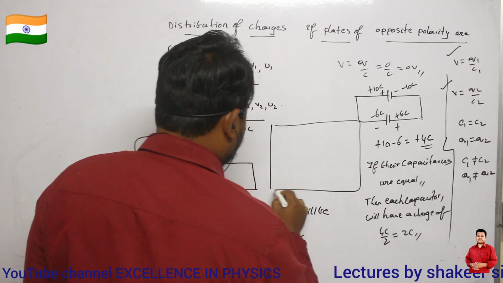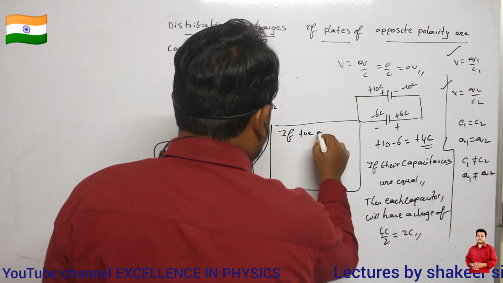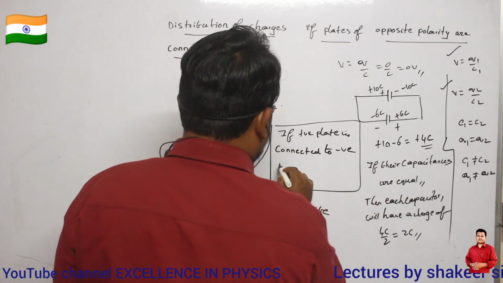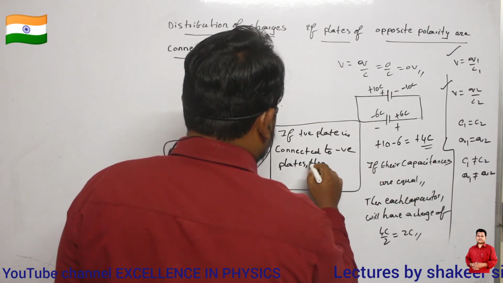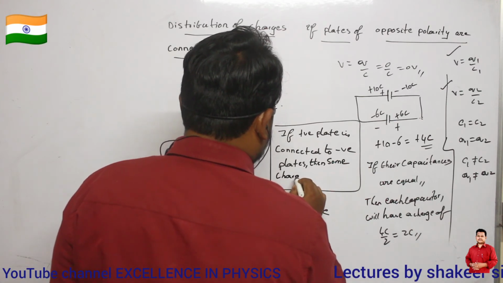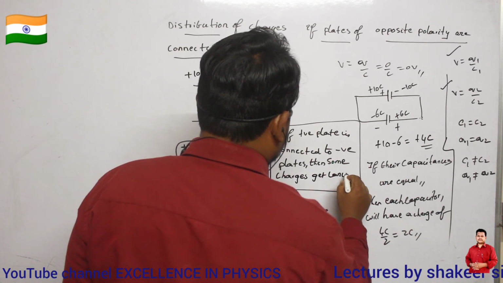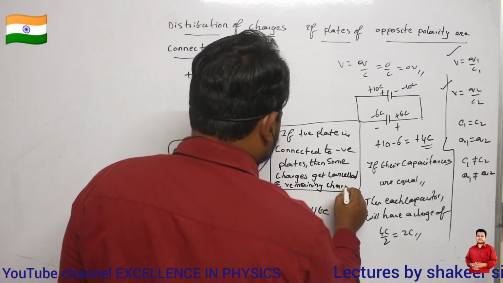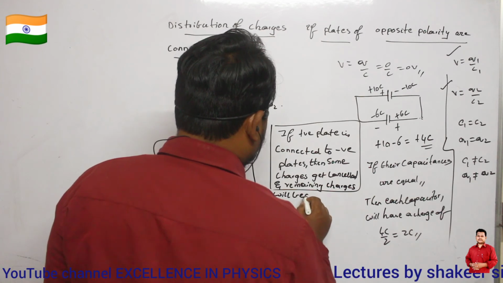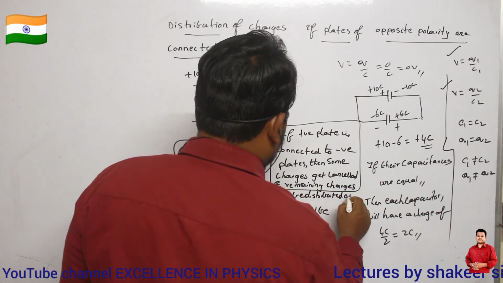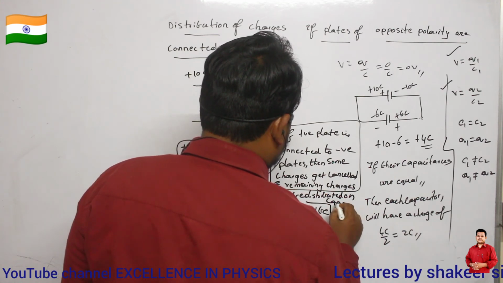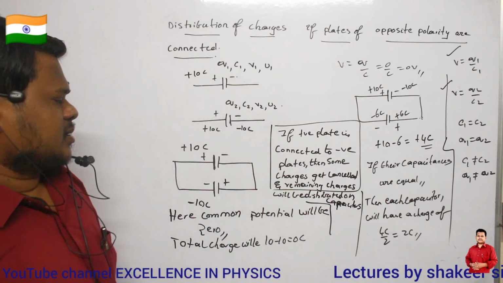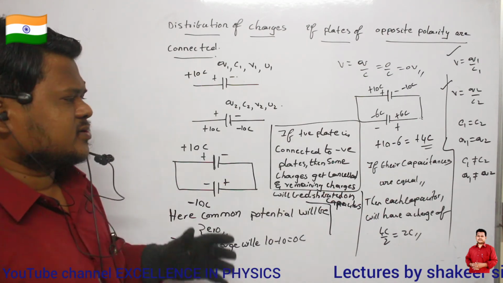Note point is that if positive plate is connected to negative plate, then some charges get cancelled, and remaining charges will be distributed on capacitors according to their capacitance. That you can write.